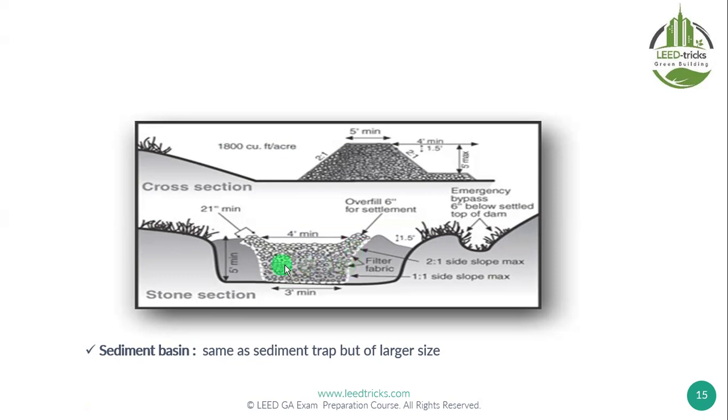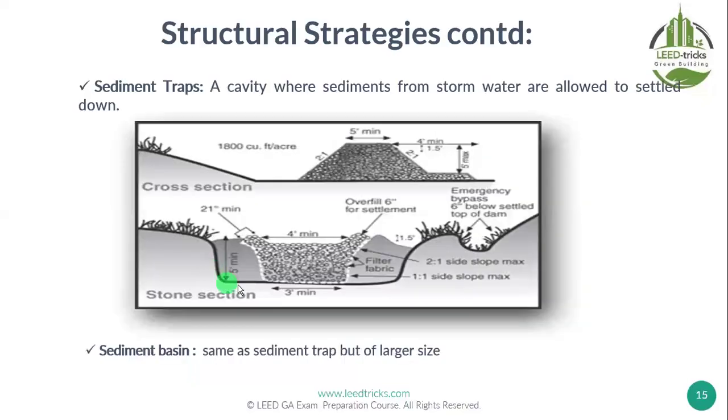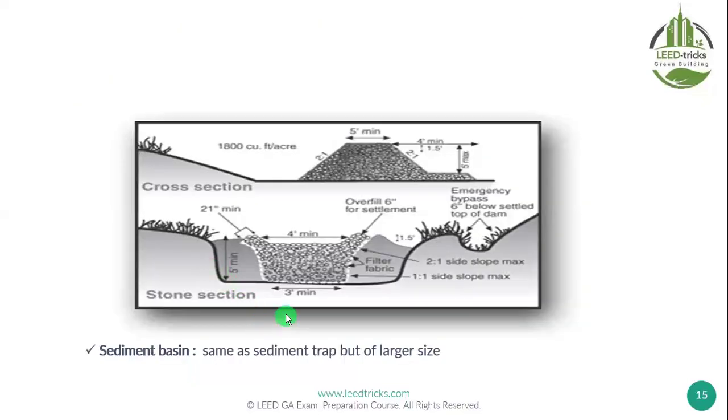Next we call it sediment basin, or sediment trap. What is the difference between sediment basin and sediment trap? A sediment basin or sediment trap is a way of collecting the water in a basin or in a trap, like what we see here in the photo.